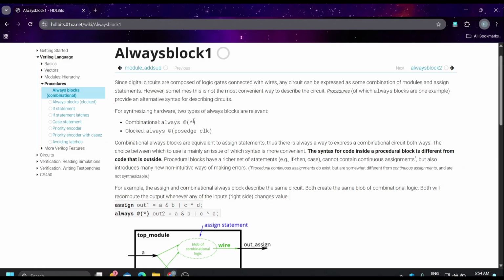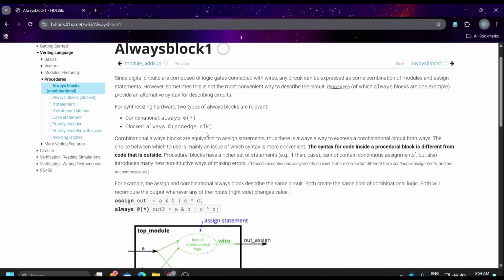At any change in the signal, this always block will execute. In always at the rate posedge clock, for each posedge clock this always block will execute. So based on this sensitivity list, this always block will execute.